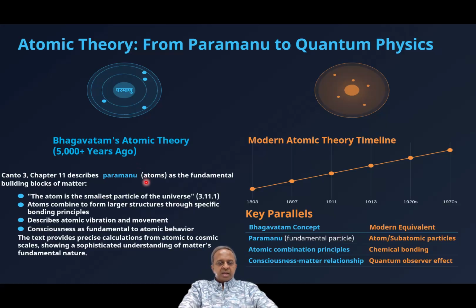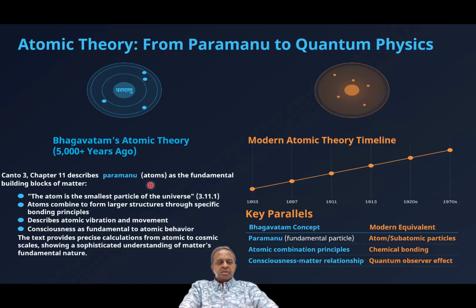You will see in the following episodes that we are going to get into the canto. So you will see in Canto 3, Chapter 11 of Bhagavatam, it provides what may be the most sophisticated pre-modern description of atomic theory ever recorded. The text states, quote, the atom is the smallest particle of the universe.